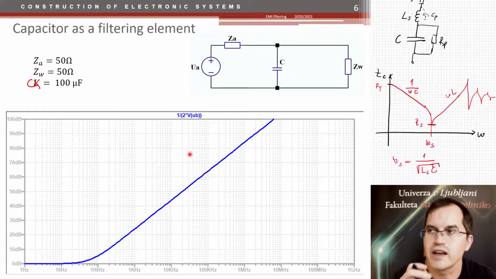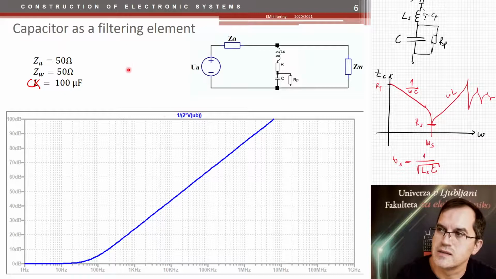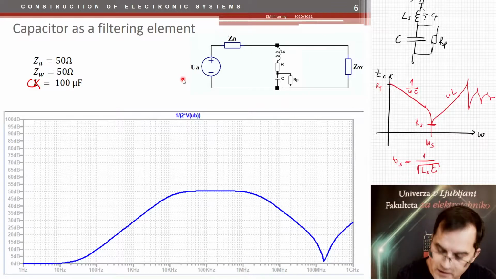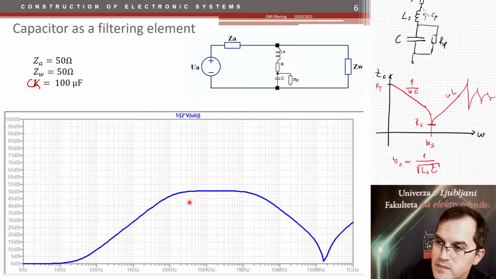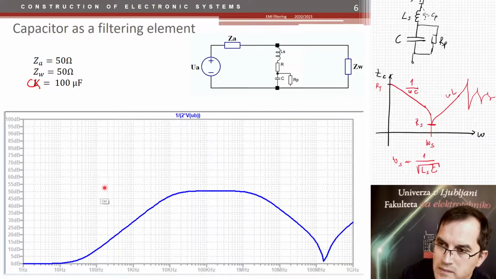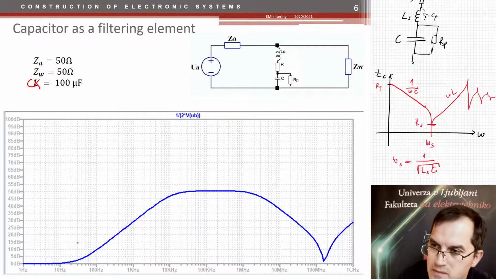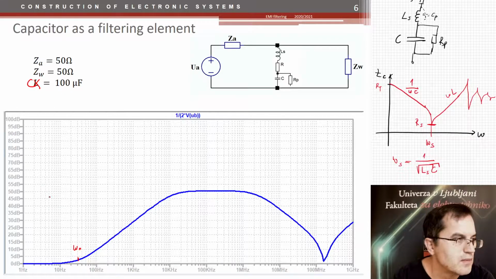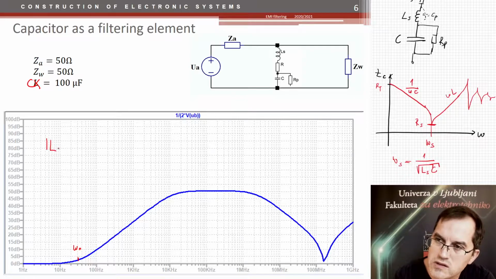How that looks in reality, I can show you in this simulation here. Now I'm adding this series resistance and parallel resistance and series inductance. And this is the result. So what do we have here? We have here an omega 0, which is when the insertion loss equation starts.